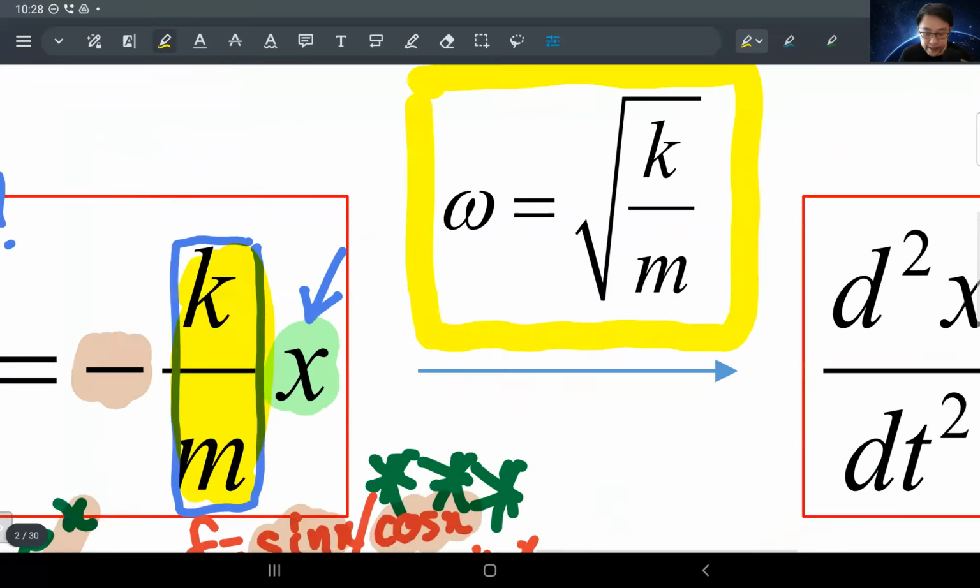With the A in the front, that means you can stretch in the vertical direction. With the phi over here, that means you can slide your function left and right. You guys with me now? Let me know if this is still confusing you in any way, but that is the whole point.